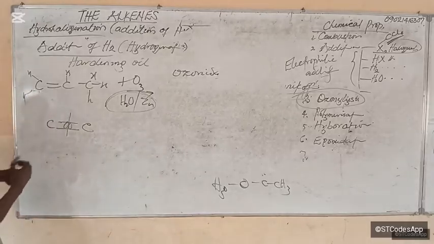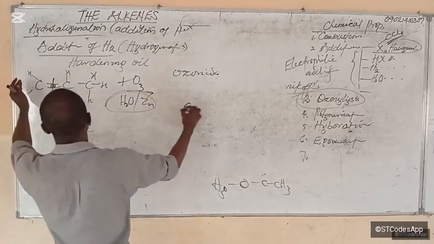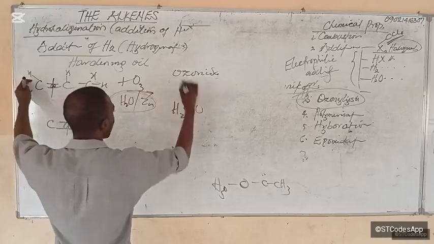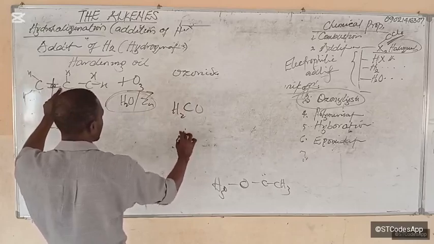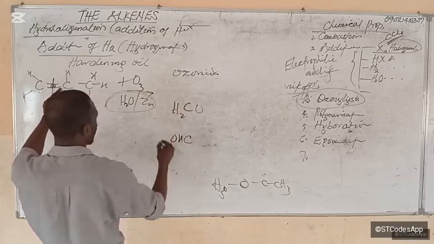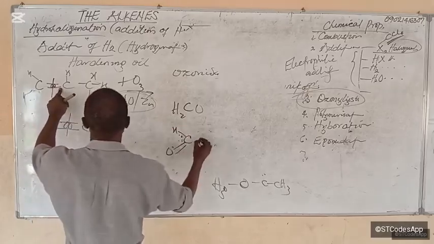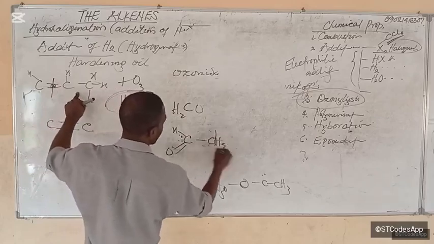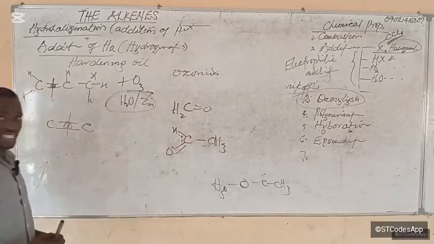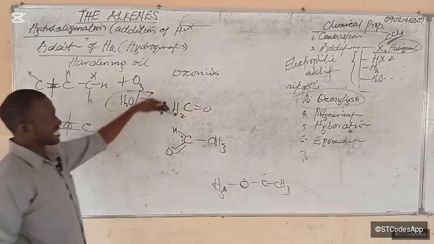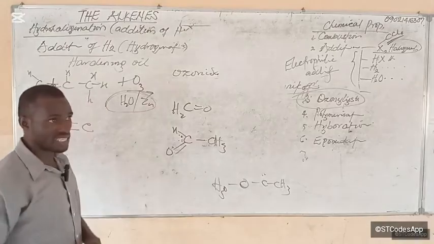So for example, if it's propene we are dealing with in this case, when you break this bond and put O here, on this side you have CH2O, and on this side we have CHO, that is C, H and double bond O, and CH3. Does that make sense? So this is the product of ozonolysis here. So it forms an aldehyde. Usually it can form aldehyde.